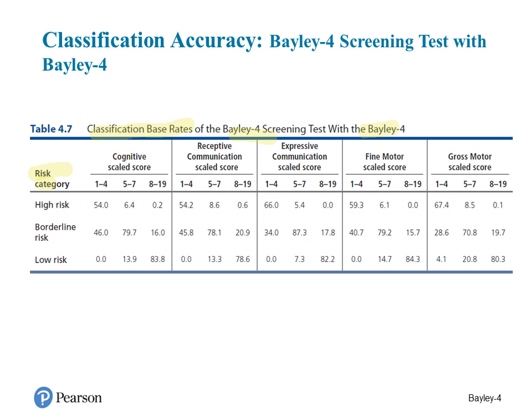I mentioned that in terms of high risk, the scale score associated with a high-risk classification is a scale score of 1 to 4. Percentile rank of 2 would be a scale score of 4, whereas 5 to 7 associated with borderline risk, and then 8 to 19 associated with low risk.